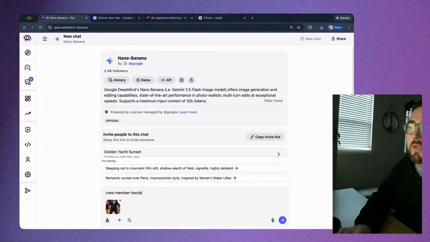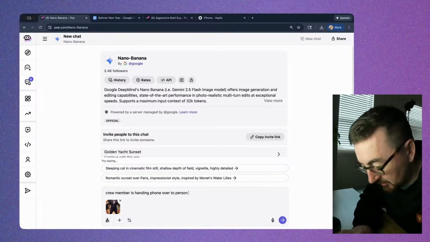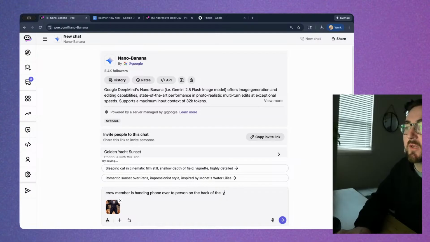Crew member is handing phone over to person on the back of the yacht.